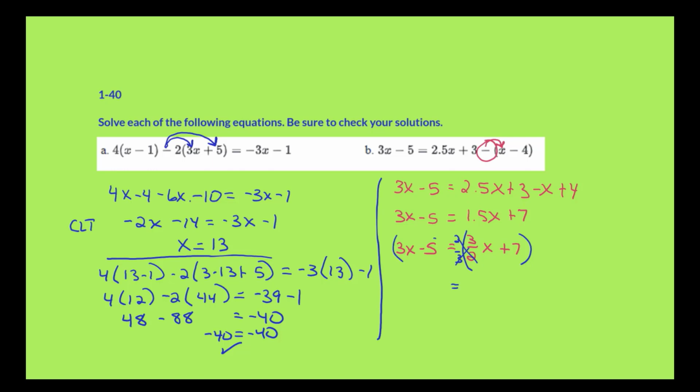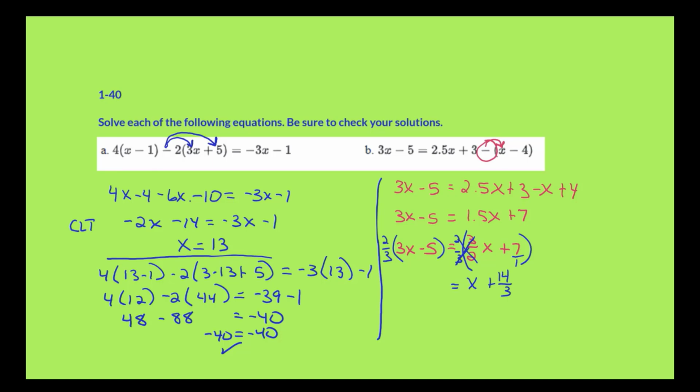And then I have to multiply the other side by 2/3 because whatever we do to one side in algebra, we do to the other. So I've already said this equals 1. Well, now 2/3 times 1, I'm going to do, if I put that over 1, 7 times 2 is 14. 14 over 3. Okay. So we're going to have x plus 14 over 3.